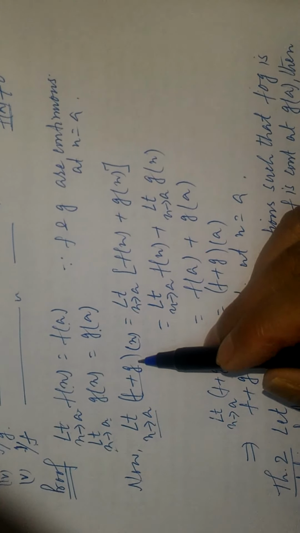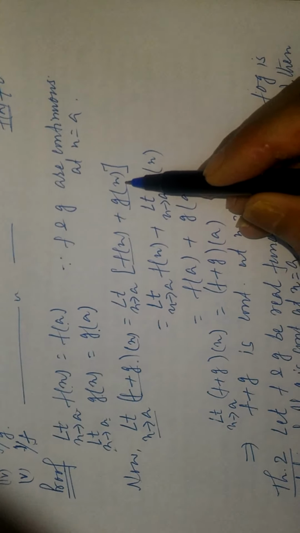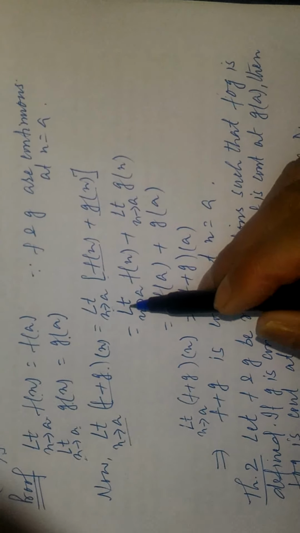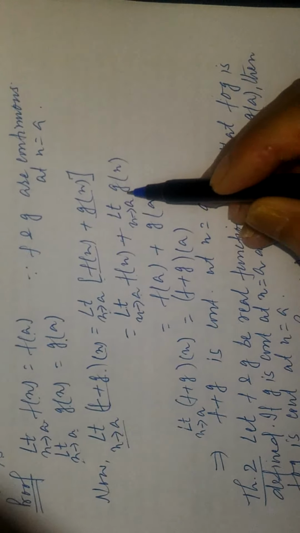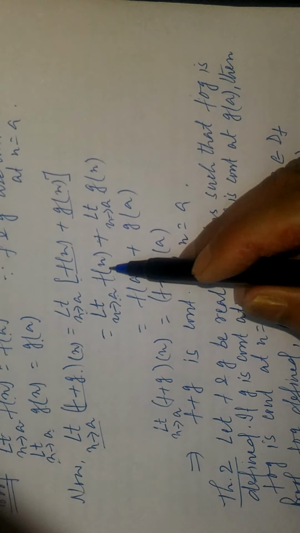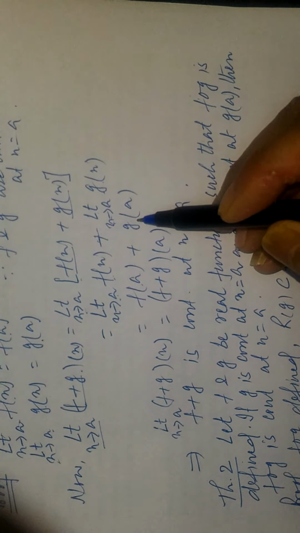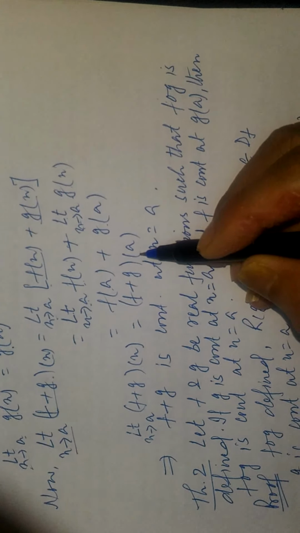The addition of two functions can be written as f of x plus g of x, and from the algebra of limits, we can write this as the limit as x tends to a of f of x plus the limit as x tends to a of g of x. Since these are f of a and g of a, we get f plus g of a.